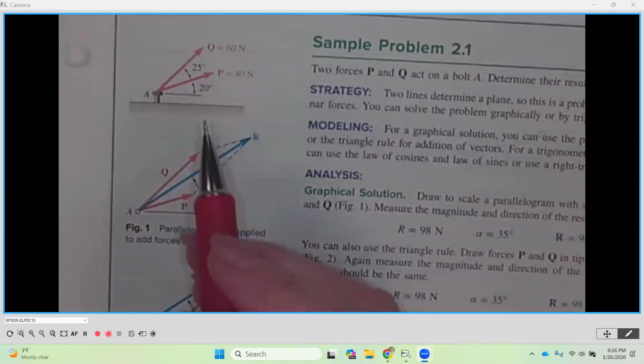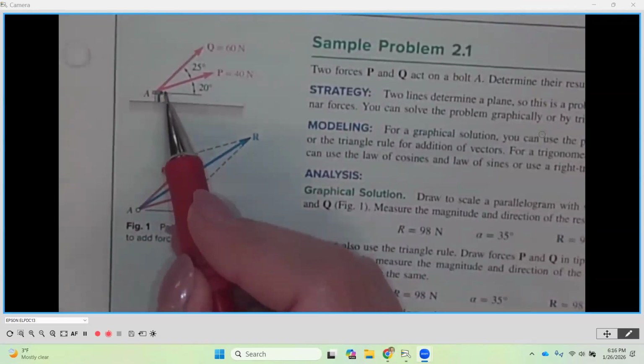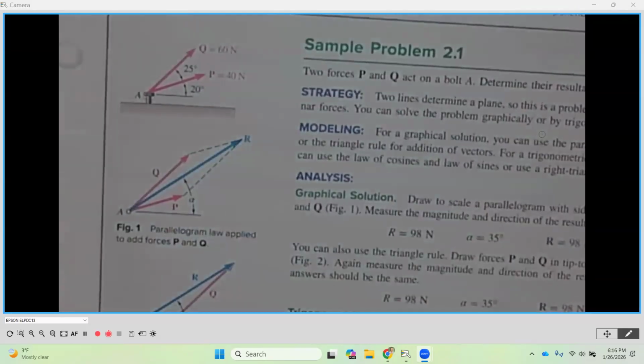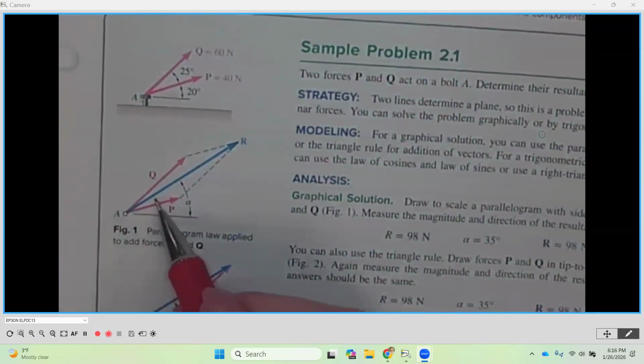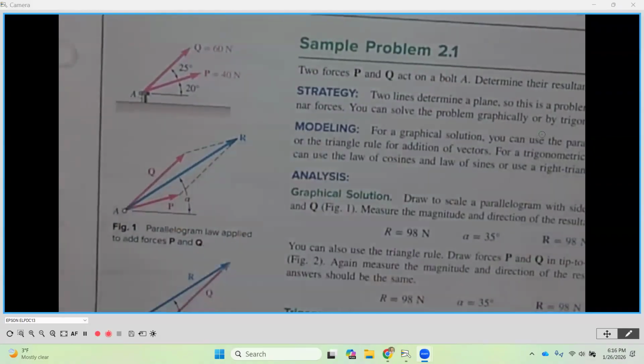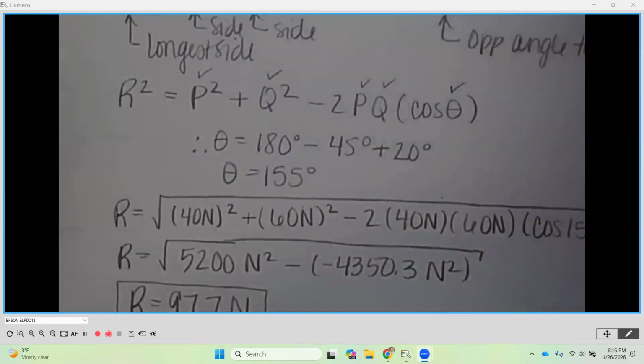This is not that. It's already in position and now we're attaching two strings, or two cables, off of it going in these two directions. And now what is the one force that would replace those two? That's what we're trying to find. Got it. Okay, that makes sense. Thank you. You're welcome. I'm glad.